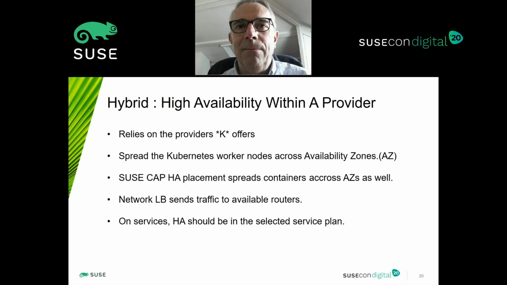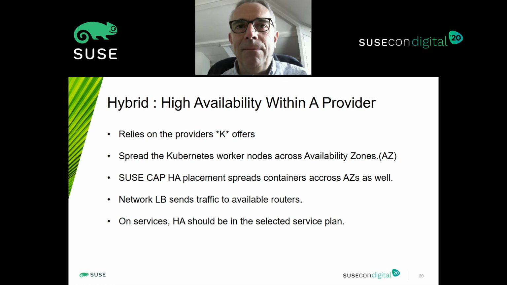High availability is very important in the cloud era, and this is performed by the CAP deployment. This CAP deployment will rely first on the Kubernetes offer, meaning if you go to a cloud provider, they will offer you a Kubernetes offer with HA. On the SUSE CAP itself, we have an HA configuration pattern with multiple components replicated, and you will have to request Kubernetes nodes to be spread among multiple availability zones.